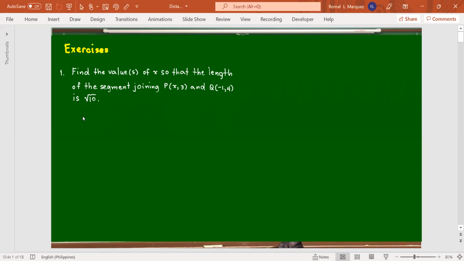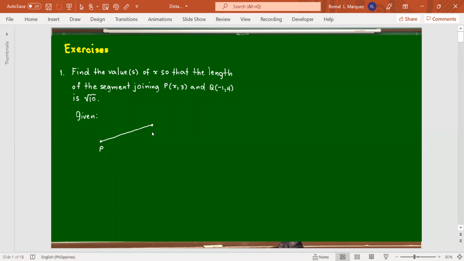To solve this, first we are going to illustrate the problem. This type of problem can be illustrated arbitrarily, meaning without the actual plotting in the Cartesian plane. Let us have just this segment representing P and Q. This is just an arbitrary illustration.